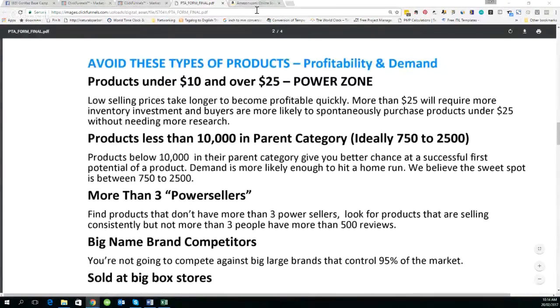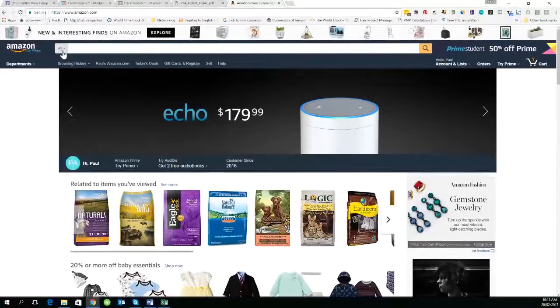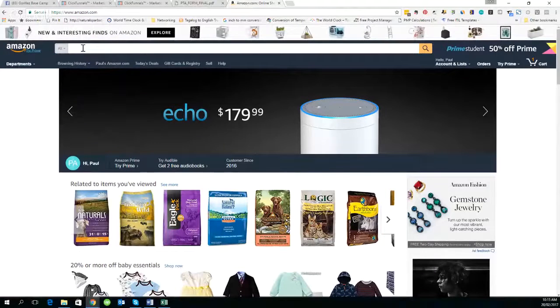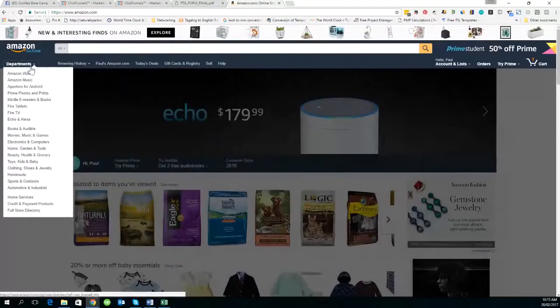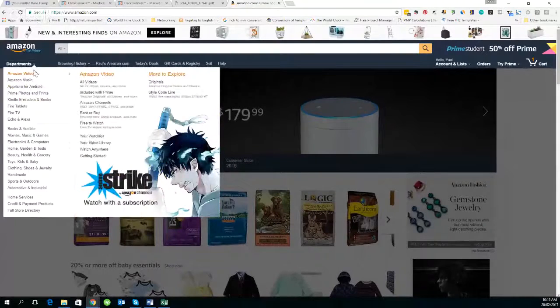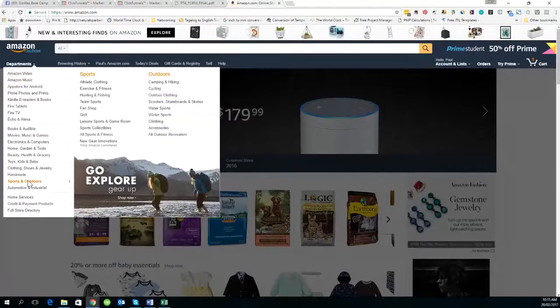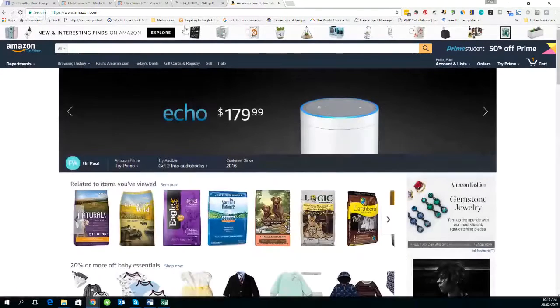We're talking about the parent category. So if I skip down to all departments over here, these are your parent categories, sports and outdoors. That's a parent category, the top level.